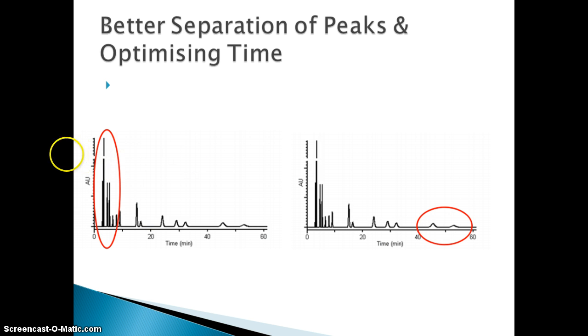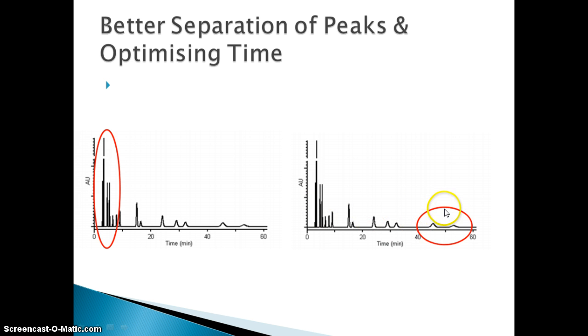As you can see here, the initial composition is chosen so that the strength is appropriate to retain and resolve early eluting analytes, because in this picture the peaks aren't separated that well. The elution strength is then increased in a predetermined way to elute compounds with optimum resolution.